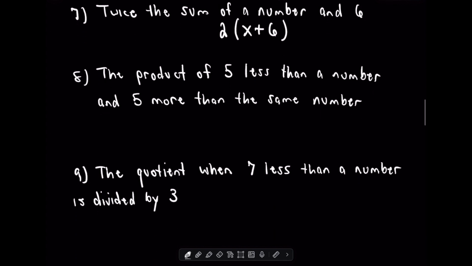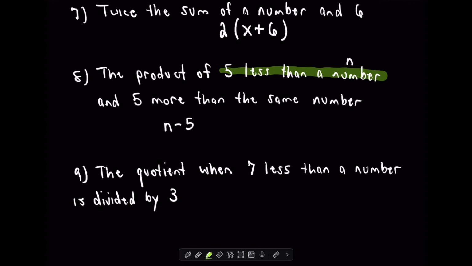Okay, the product of 5 less than a number and 5 more than the same number. Maybe I'll call our unknown number n. So the product of 5 less than a number. To take 5 less, I take whatever number it is and subtract 5 away from it. So that takes care of 5 less than a number n.